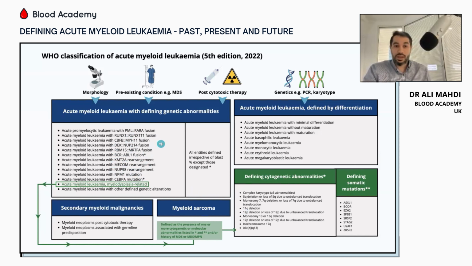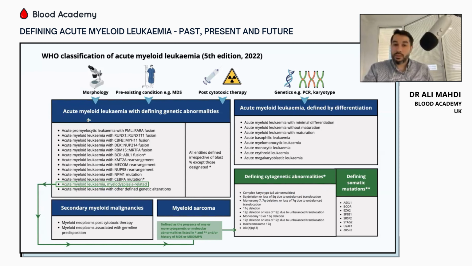This includes things such as NPM1, which is a really important mutation, as that's seen in a significant percentage of patients with acute myeloid leukemia. We recognize secondary myeloid malignancies, and also had an increasing awareness of defining somatic mutations for patients with acute myeloid leukemia, myelodysplasia related.